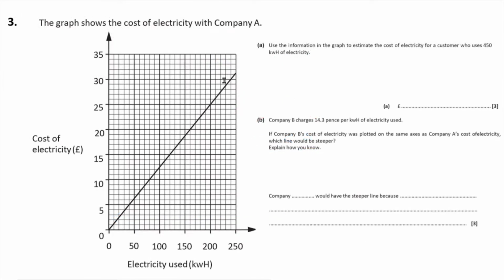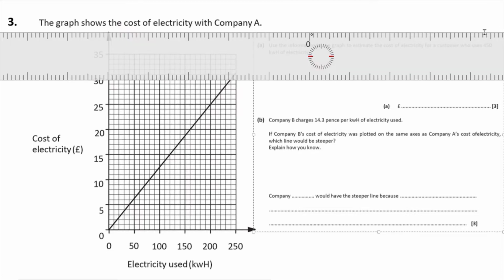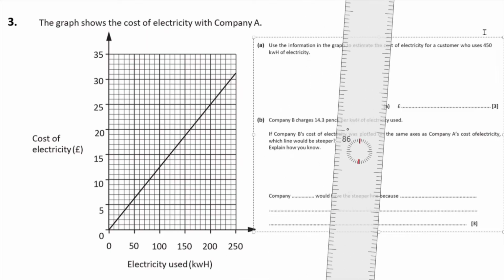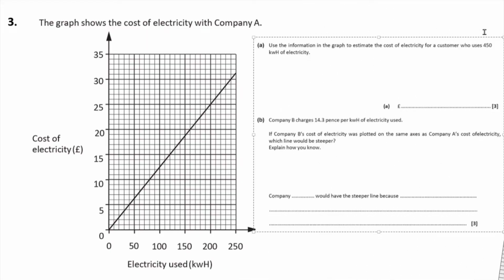Question 3, the graph shows the cost of electricity with company A. Use the information on the graph to estimate the cost of electricity for a customer who uses 450 kilowatt hours of electricity. Similar to question 1, I'm just going to find 450 on the graph. Oh, it's not there. But it's going through 0, so I could look up half of that and then double it up, couldn't I?